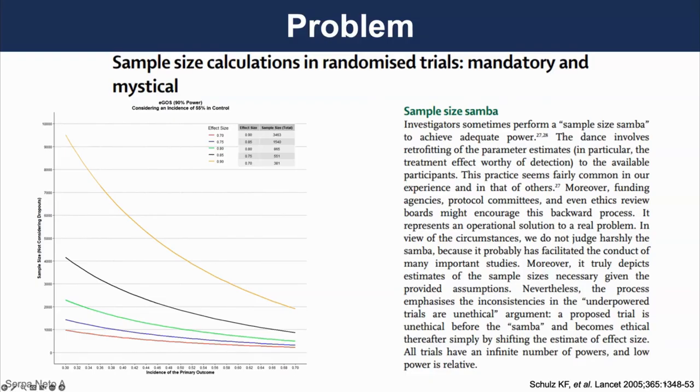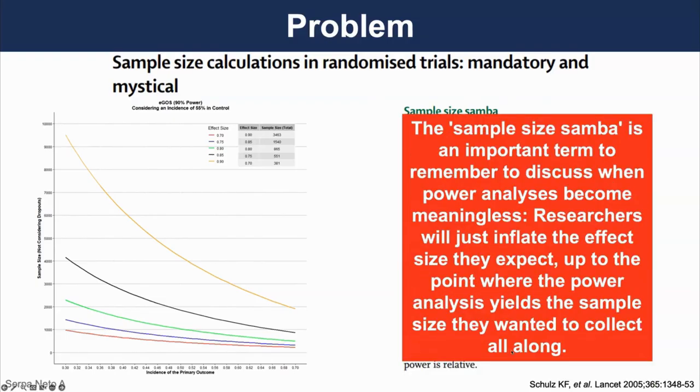It is very well defined, and it's simply the fact that when we do power analysis or sample size estimations, very often, unfortunately, we have to inflate the effect size that we expect up to the point where we find the number of patients that we are able to enroll. And that's true for most of the trials. We all know that. Unfortunately, we don't have endless funding. We have limited funding, and very often we need to adapt our power calculation.